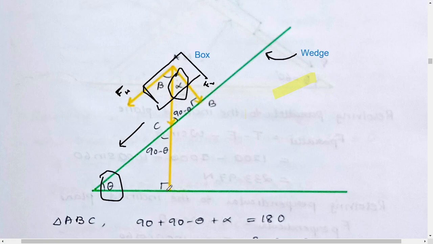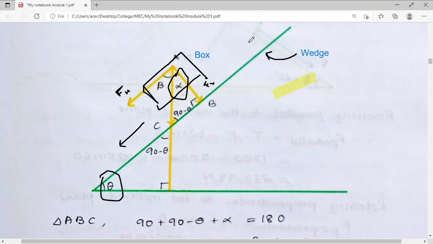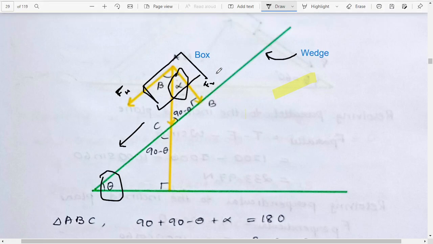If you are taking a right angle, this will be 90°, then this will be 90 minus theta. Then here it will be 90 minus theta according to vertically opposite angles. Then this will be 90 because it is a right angle. Then here we have alpha. So in the case of triangle ABC, actually I should erase some part because it has become messed up. So I'll just erase.